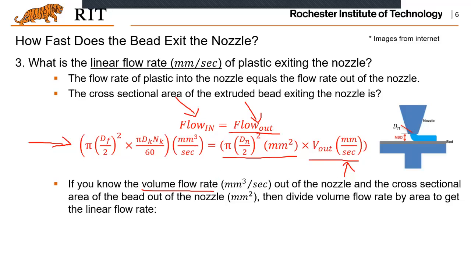Sometimes the volumetric flow rate and the cross-section area of the nozzle are given, then you can directly have the V out instead of figuring it out from the very beginning, right? That's the simpler case. But no matter what, it should fit into such a process, right? To find all the necessary information and find out the unknowns by using the known information.